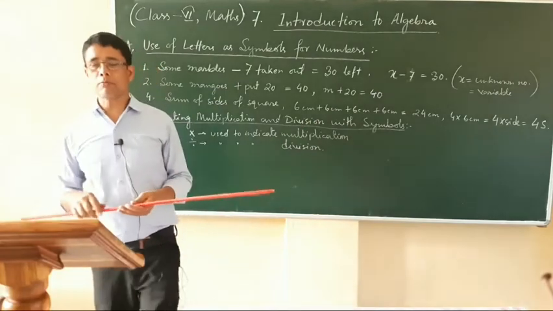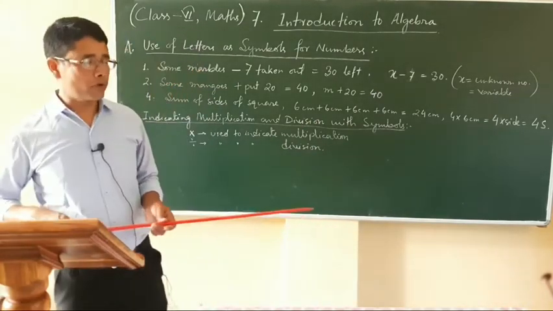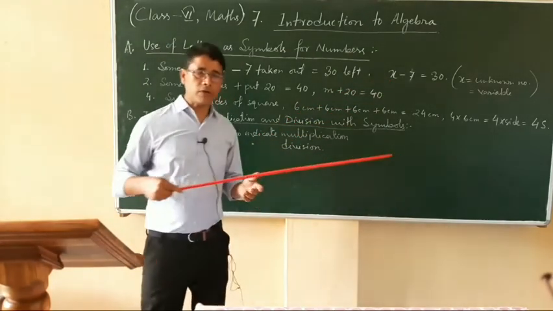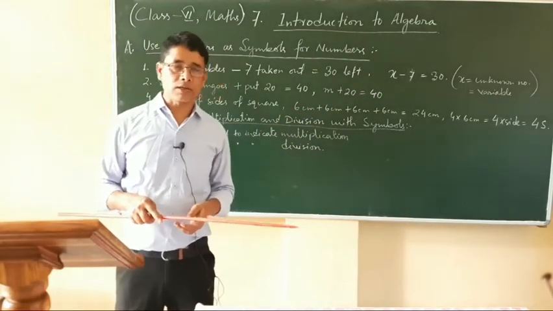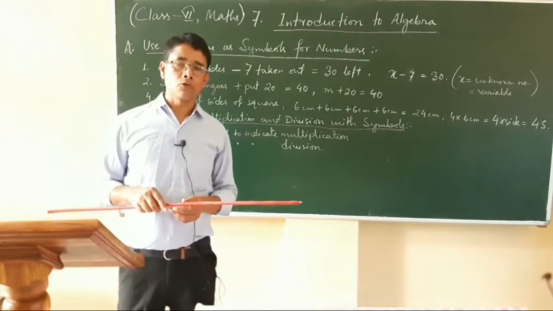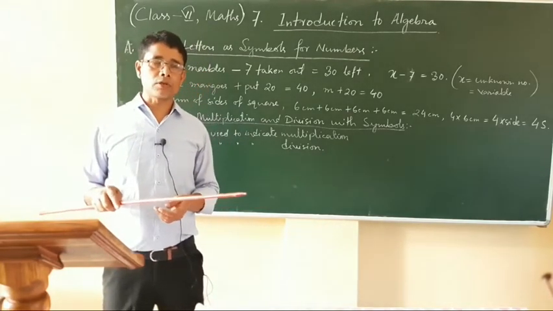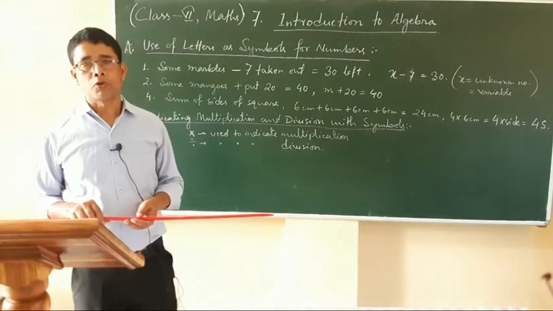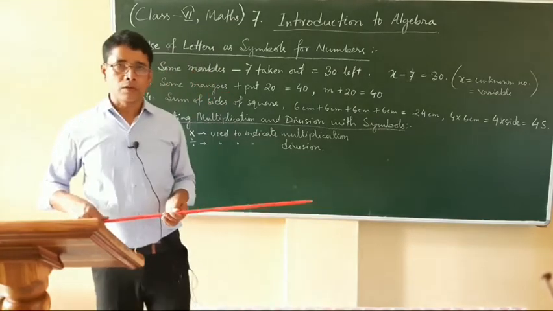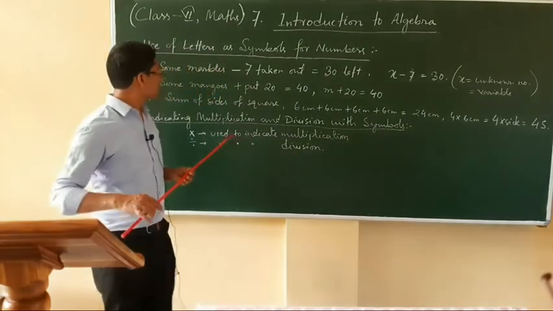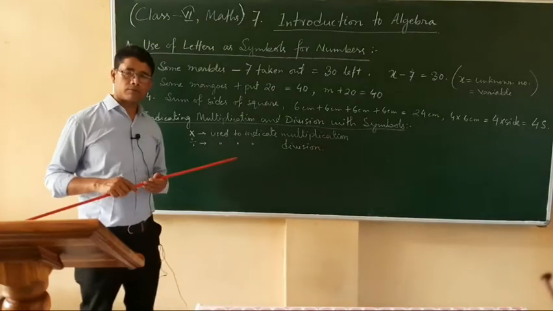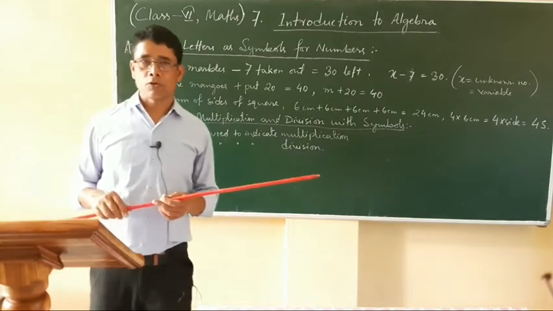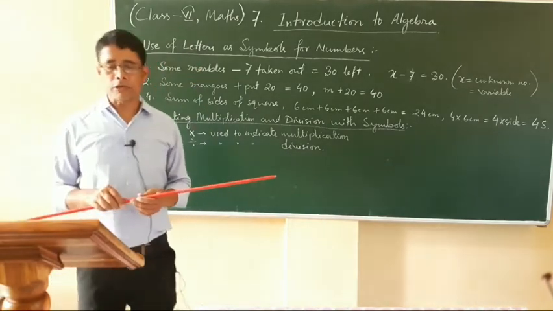So the multiplication symbol is not used to avoid confusion with that x, because if we write x as well as the multiplication sign together, we may get confused with the x and the multiplication sign and mix it up. So to avoid that confusion, we do not directly write the symbol of multiplication as a cross. Then what can it be? So what is the solution for that?